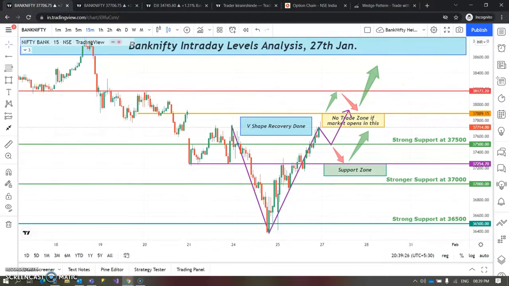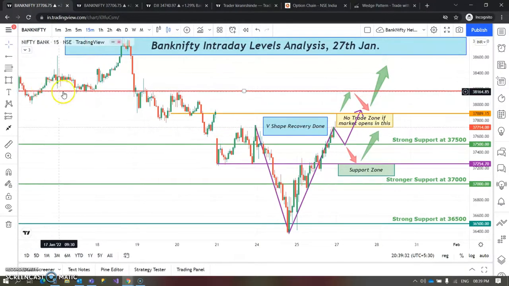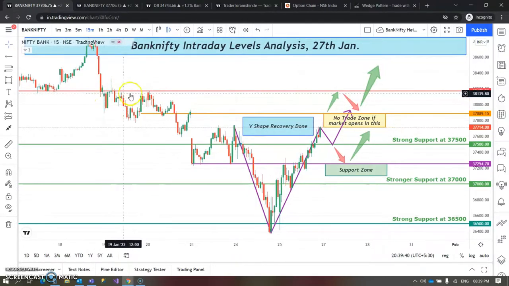Why I have marked this level, you can clearly identify: market is taking support at this particular level. It bounced back, and when it broke this level, it started acting as a resistance. So unless this level is broken, trade safe in this particular zone, I would say. Next thing, I have marked one more line over here.